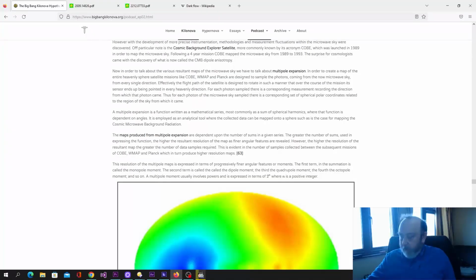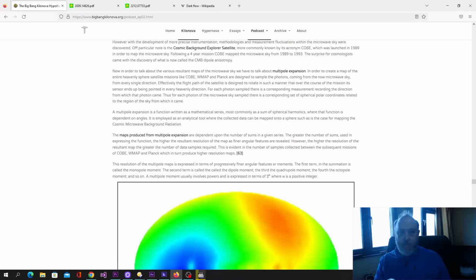Or another way of putting it is with Fourier analysis. Spherical harmonics and multipole expansion are effectively performing a Fourier analysis on a sphere, as opposed to, say, a one-dimensional or a two-dimensional Fourier analysis. So say you're doing image analysis and you want to find all the frequencies of the colors within a given picture.